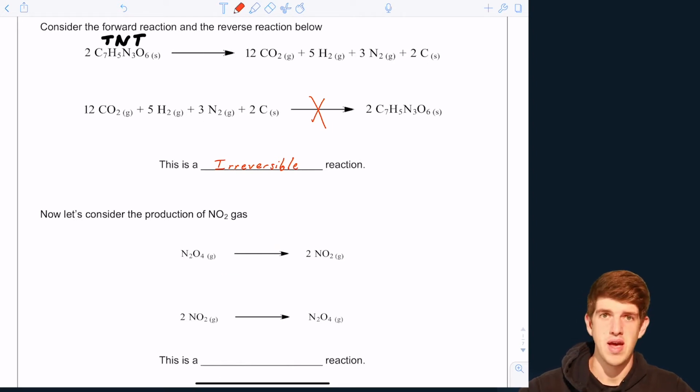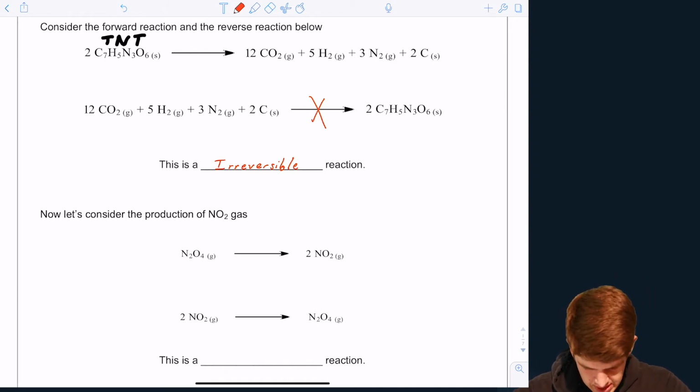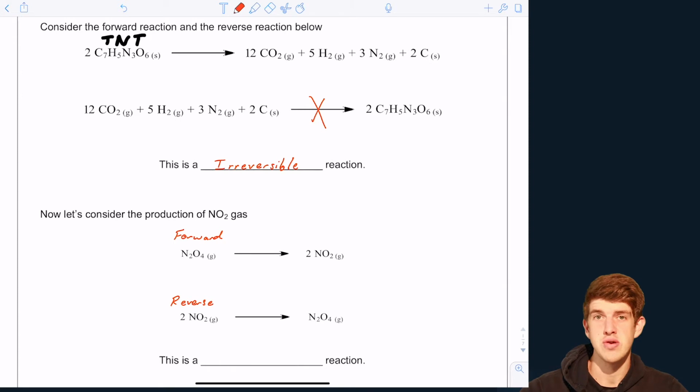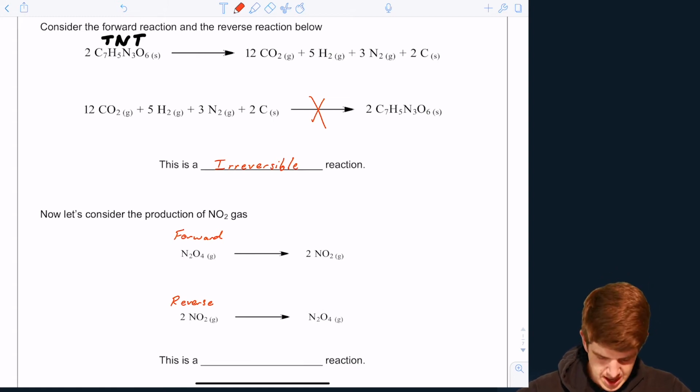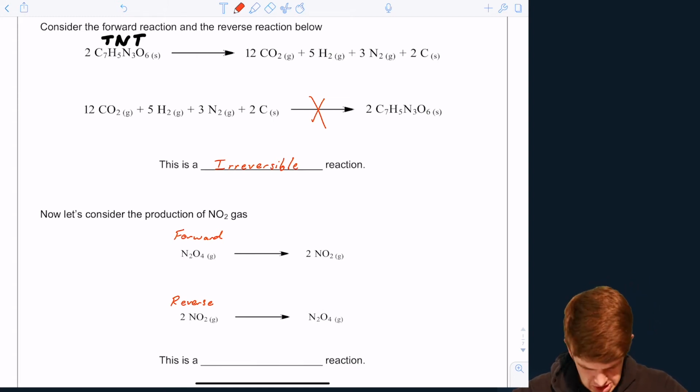So molecules of NO2 that are formed from N2O4 are not destined to always remain NO2 molecules. The forward reaction can happen, N2O4 turning into NO2, but also the reverse reaction can happen, which is those NO2 molecules coming back together to reform N2O4. As a result, this reaction does not go one way or to completion. It is a reversible reaction.